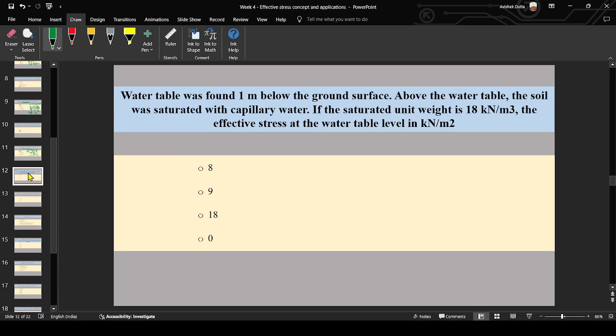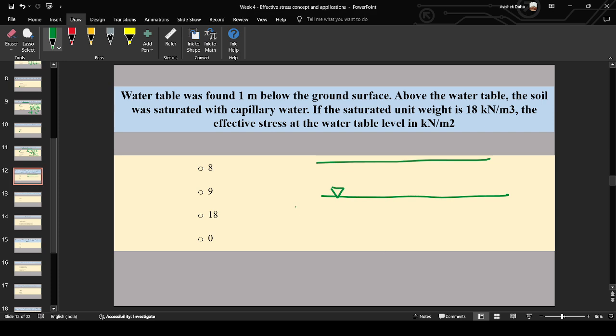Water table was found 1 meter below the ground surface. Above the water table, the soil was saturated with capillary water. Now, if the saturated unit weight is 18 kilonewton per meter cube, find the effective stress at water table level in kilonewton per meter square. Okay, so here, if this is the ground surface, 1 meter below this is the water table.